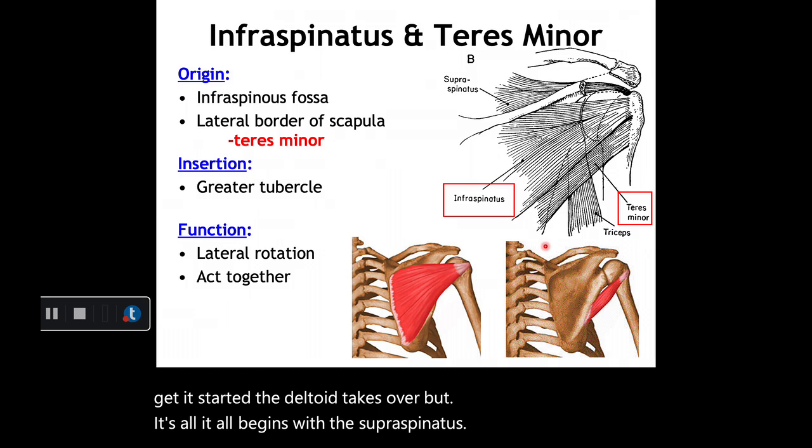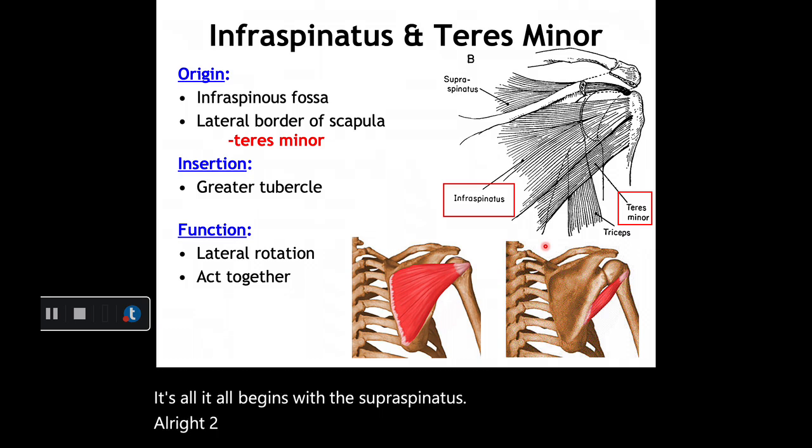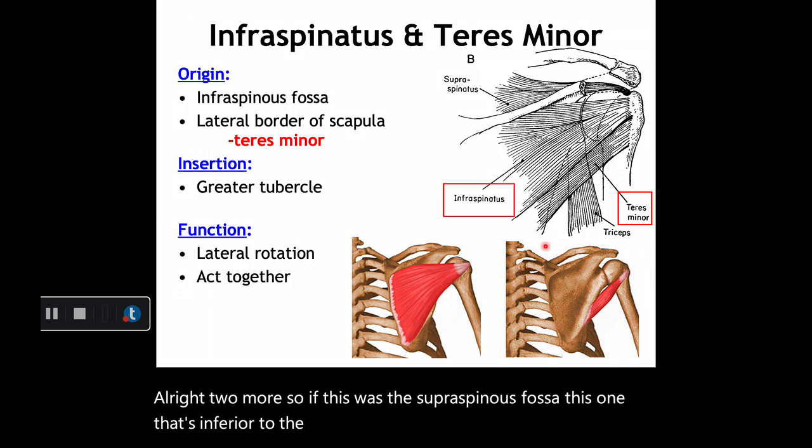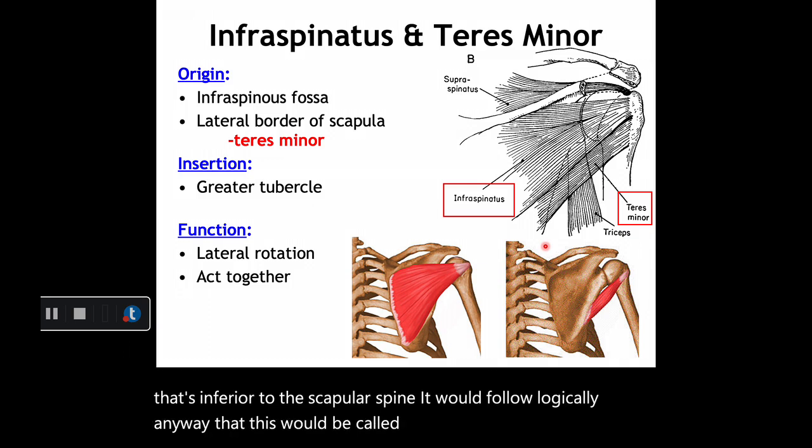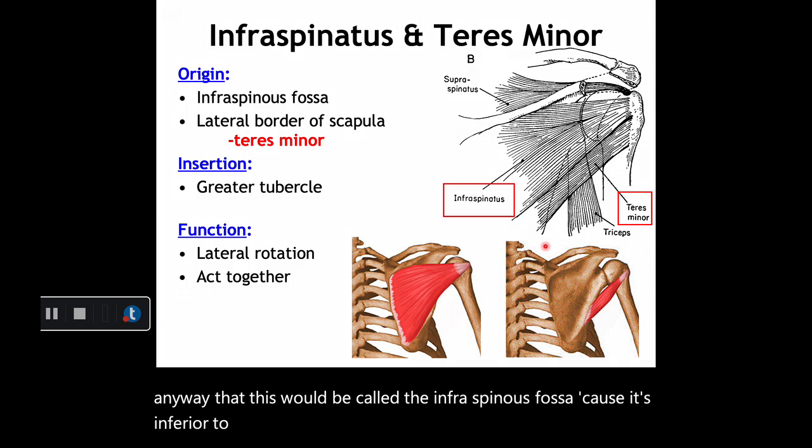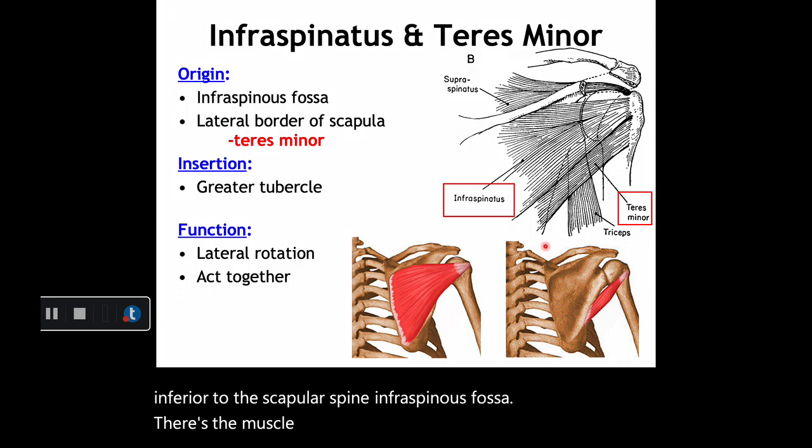All right, two more. If this was the supraspinous fossa, well, this one that's inferior to the scapular spine would follow, logically anyway, that this would be called the infraspinous fossa because it's inferior to the scapular spine. There's the muscle that you'd find there, infraspinatus.